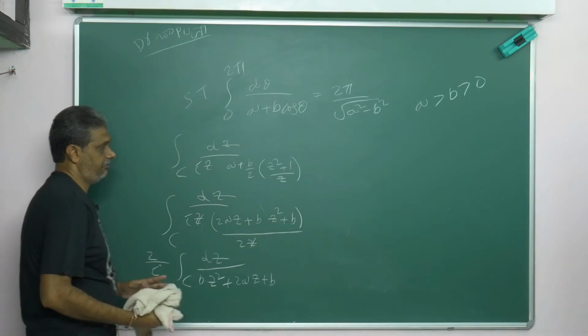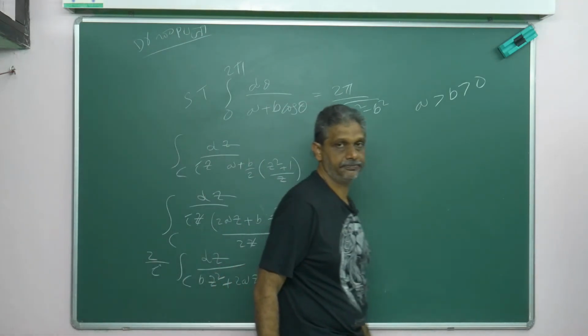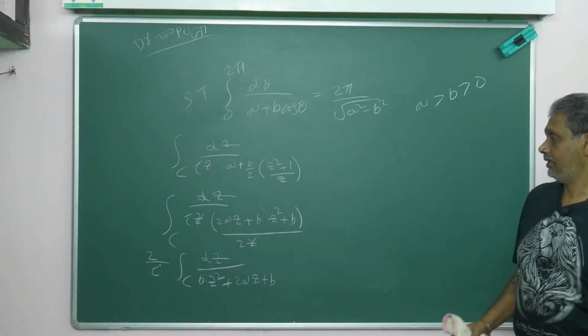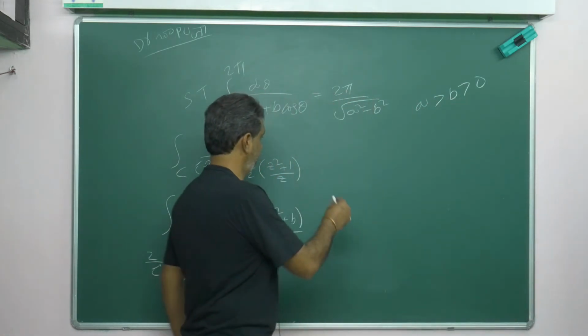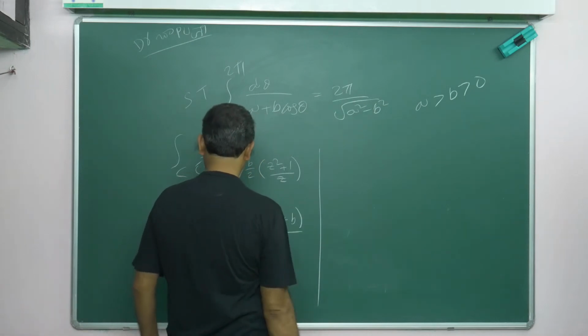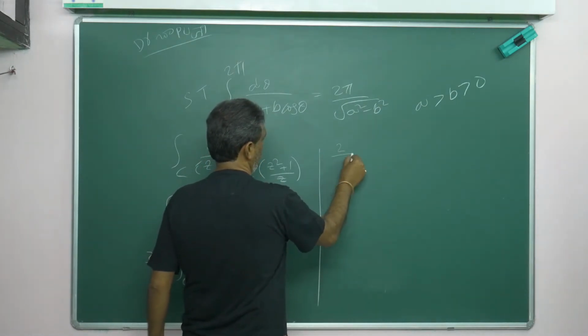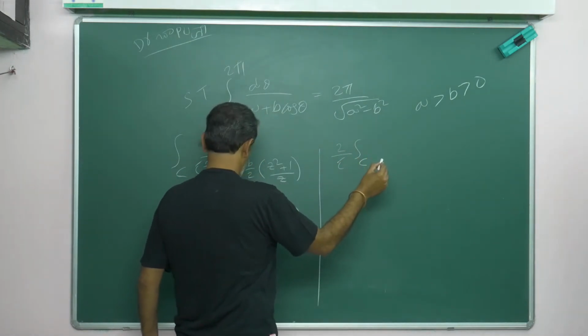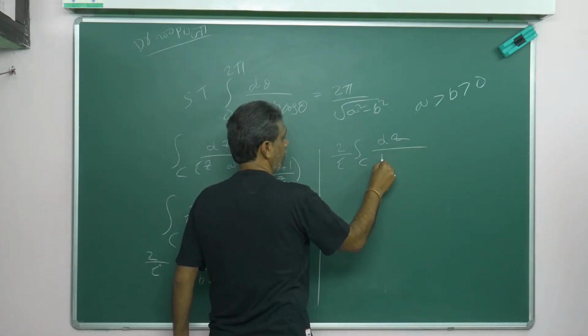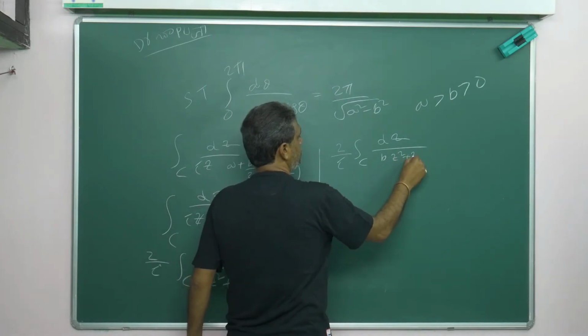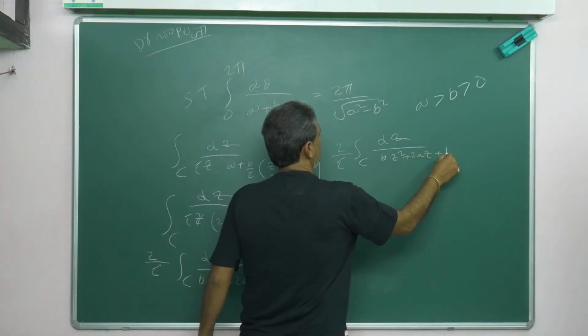So somewhat I have brought some shape, getting or not? So substituting, simplifying, what I will get actually? Now I want to factorize actually. 2 by i integral over c dz by bz square plus 2az plus b.